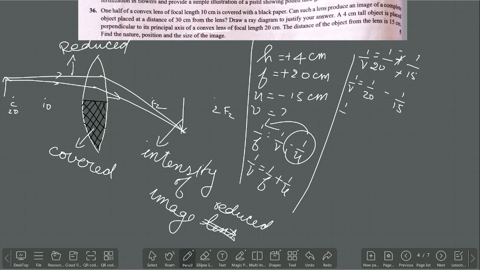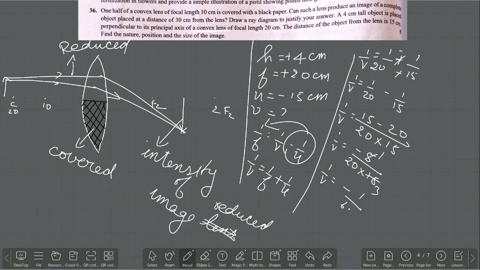Now do the cross multiplication. So 1 by v is equal to 15 minus 20 by 20 into 15. So 1 by v is equal to minus 5 by 20 into 15. 5 ones are 5, 3 fives are 15. So 1 by v is equal to minus 1 by 20 into 3, which is 60.